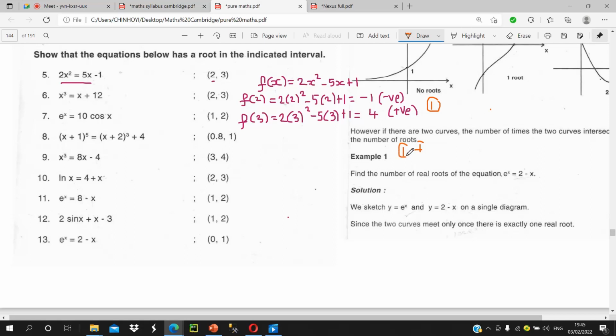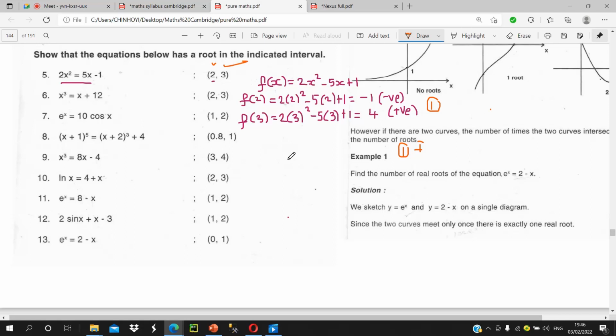You have to state the comment. We said you'll be saying, since there is a change of sign, that is negative and positive, it implies that the root lies between 2 and 3. That would be a comment.